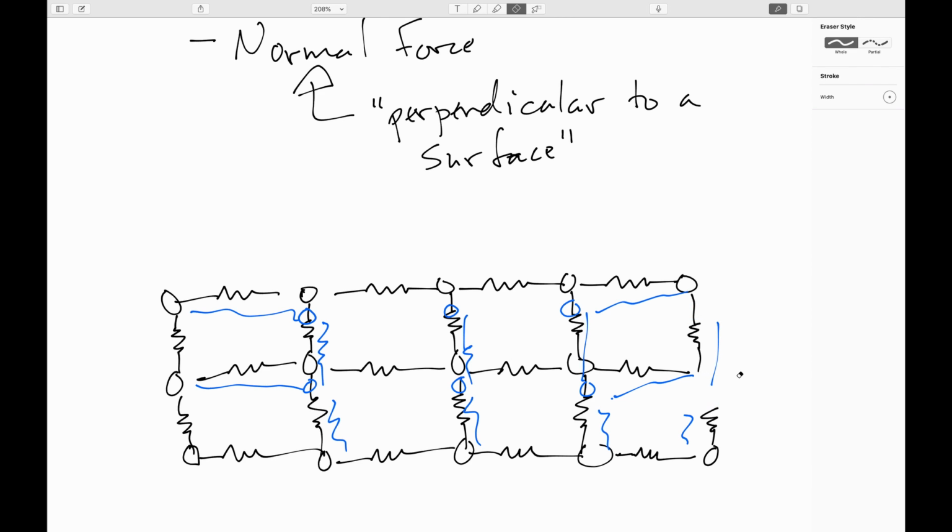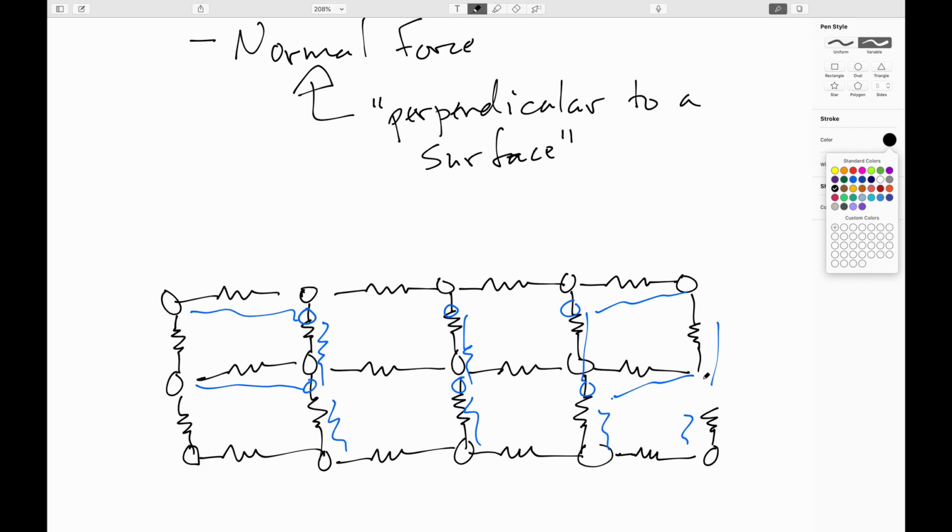Either way, the bonds want to return back to their original length.